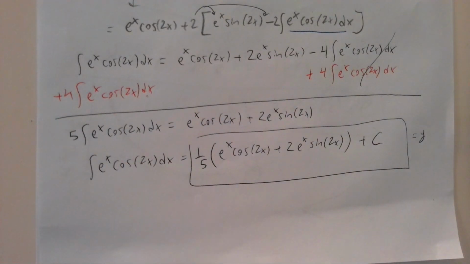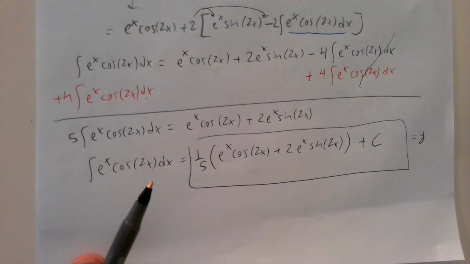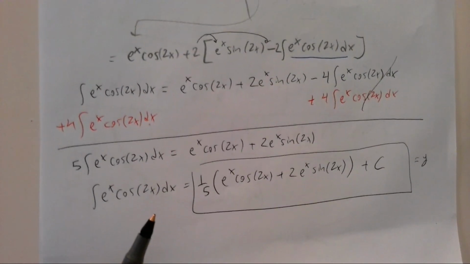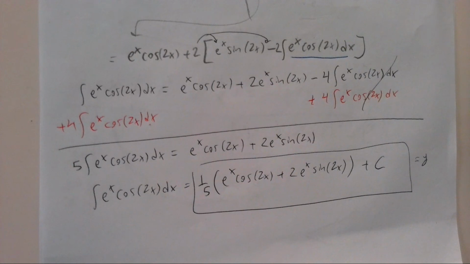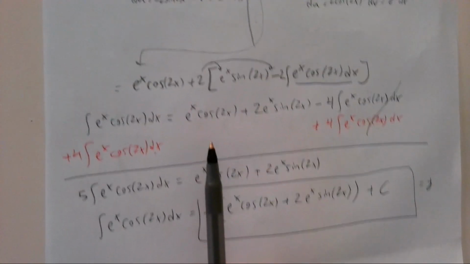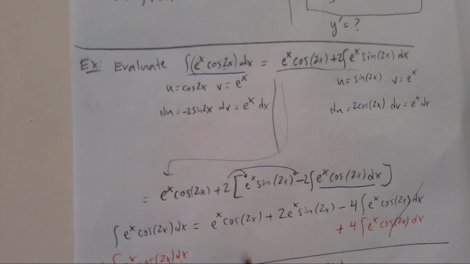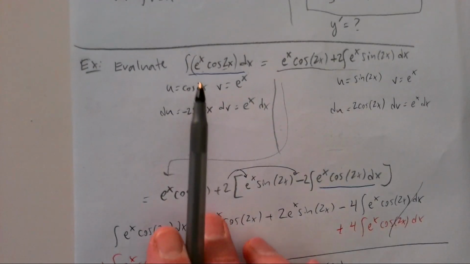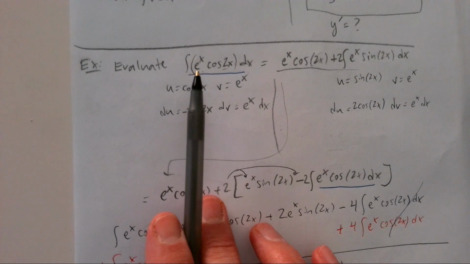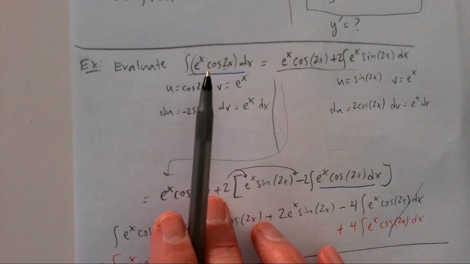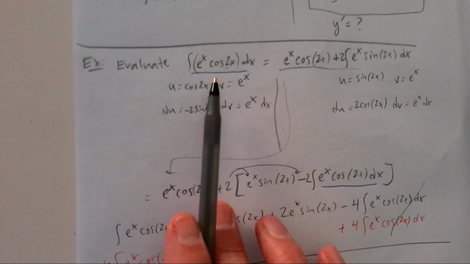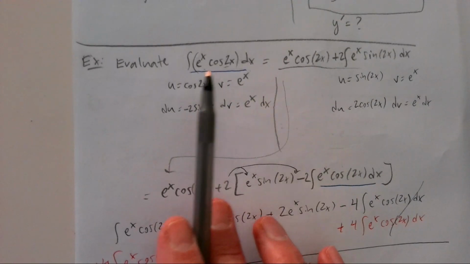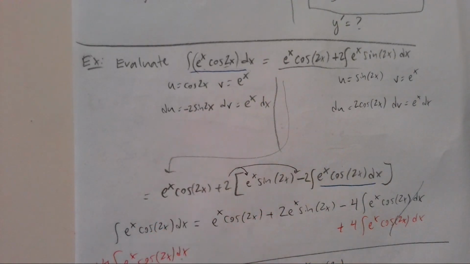So problems like these are really interesting. And again, when math teachers say interesting, that means hard, difficult, scary, whatever adjective you can associate there. But typically, you're going to come across problems like this whenever you have some e to the whatever, and you have a trig function, a periodic function, where it's going to bounce back and forth between sine, cosine, or secant, cosecant, whatever the case might be.